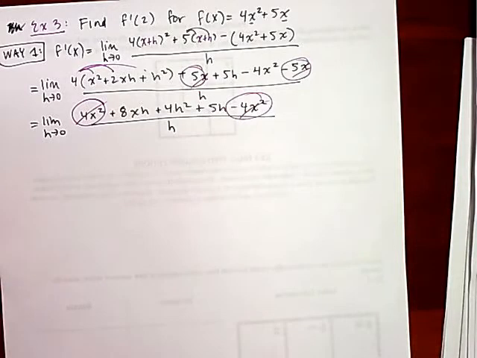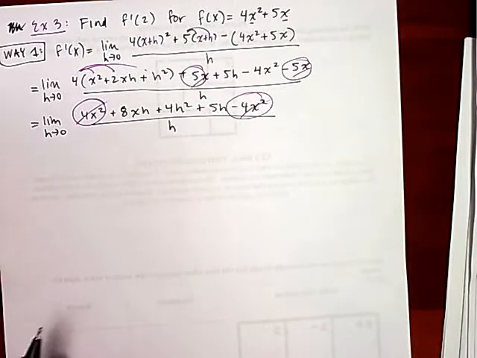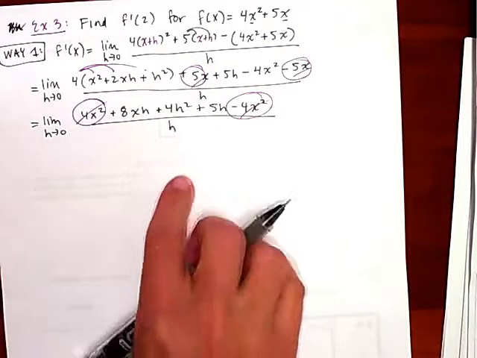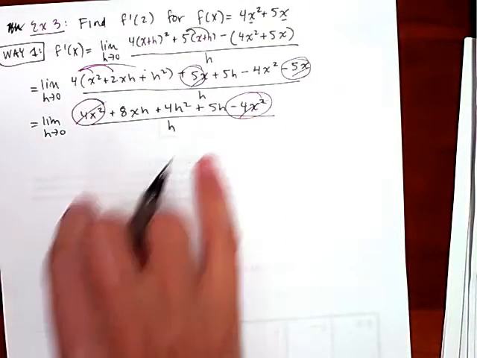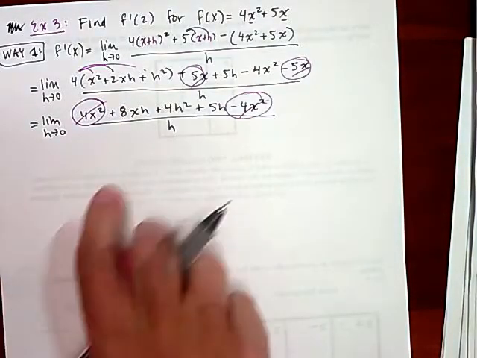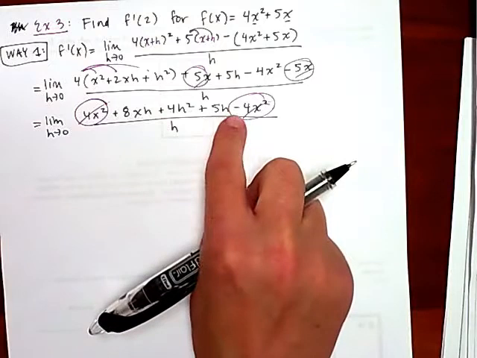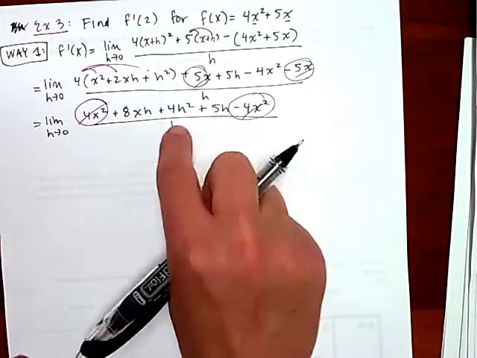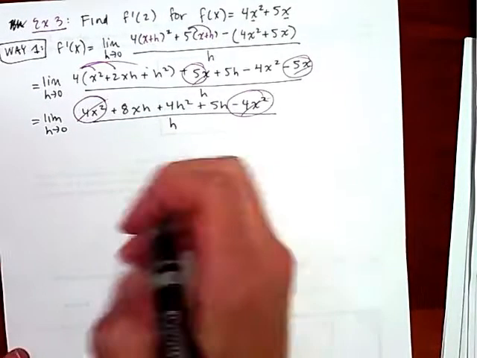And something nice that happens in these problems, the quadratic or power problems, polynomial problems, is usually you're going to see all of the terms without an h cancel, and you're going to be left with just terms that have an h, which means you could factor out an h and cancel it with the h on the bottom. So that's my next move.